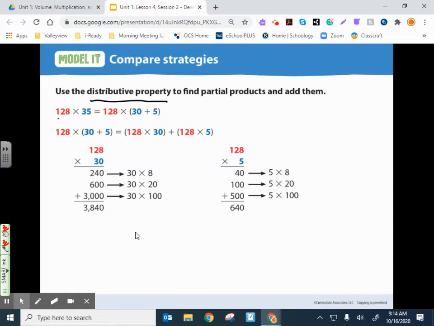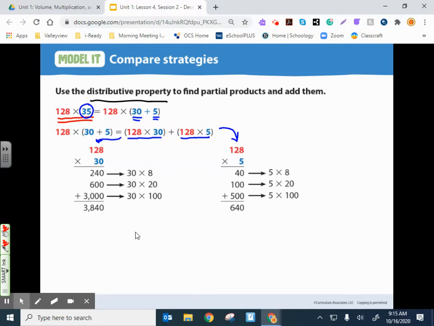You can break this problem, 128 times 35, and take that 35 and break that into a 30 and a 5. And then that creates these two separate parts, 128 times 30 and 128 times 5. This one's right here, and this one's right over here.